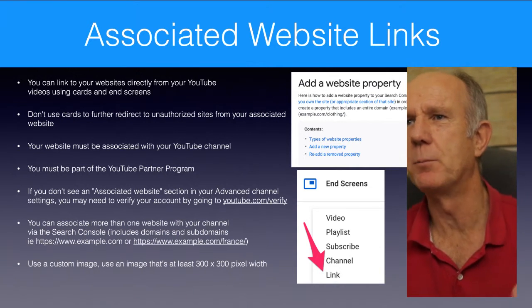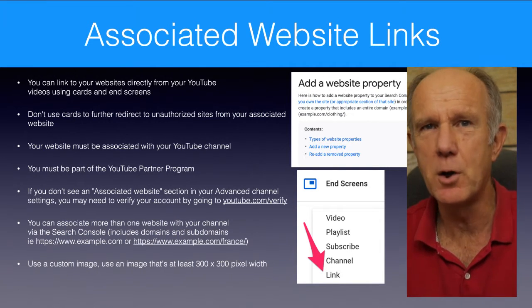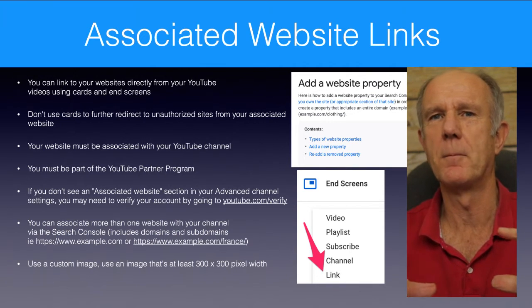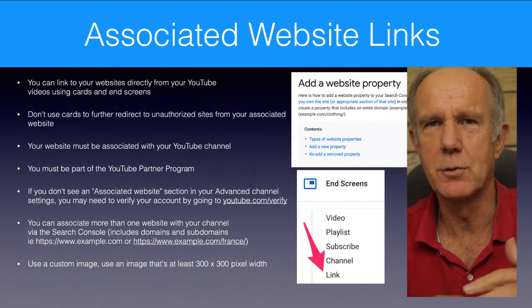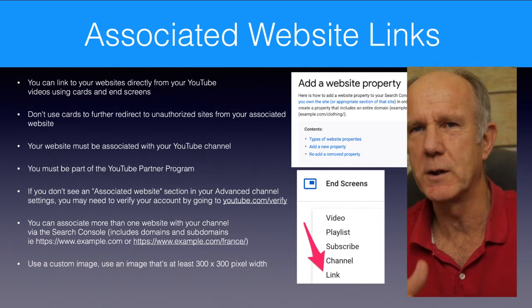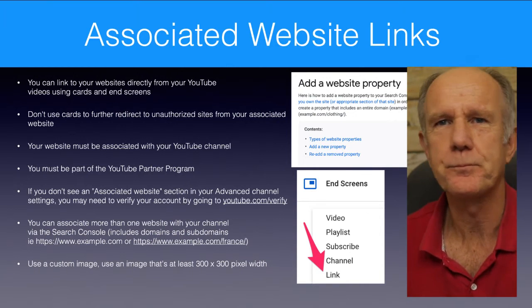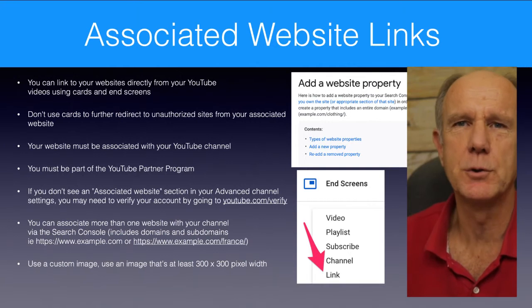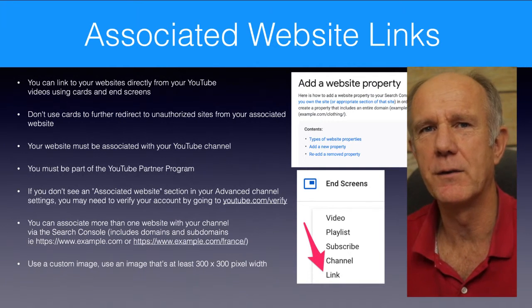If you want to associate more than one website, you just go into YouTube Console, and you can include drostvideo.com or drostvideo.com/about, or any one of these. So that's a way that you can associate your website, or associate subdomains or pages and link to them.